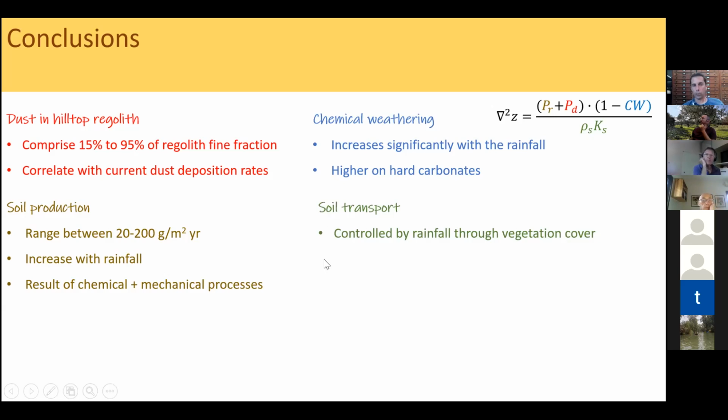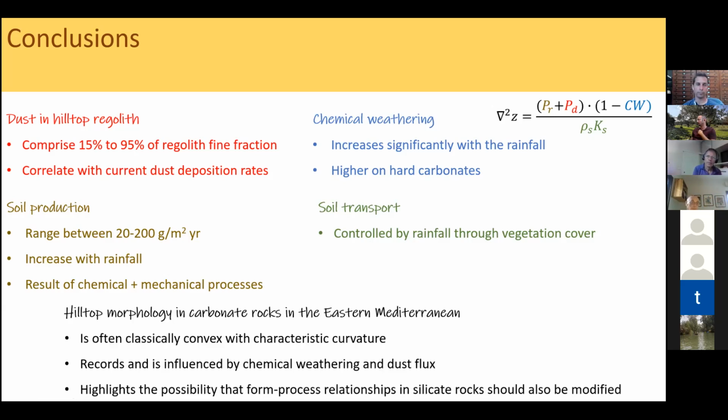Soil transport. So we showed that at least in the environment and the climate we studied, soil transport is controlled by rainfall through the influence of vegetation cover that we think is stabilizing the soil, which of course has many implications in soil conservation.